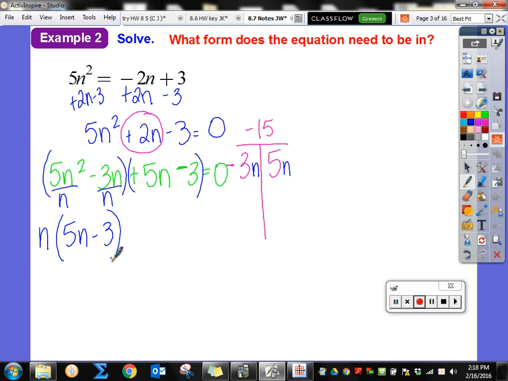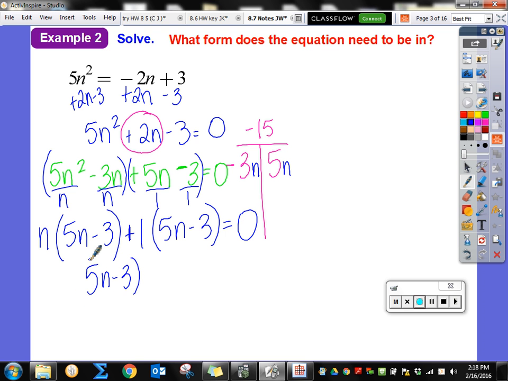And this is the only place that you can take out a positive 1. So I'm going to take out a plus 1. And then, of course, if you divide both of those by 1, you are left with 5n minus 3. I'm going to keep bringing down that kind of annoying equal 0, but I need it there to know to solve at the end. These match, so there's your check. So your factors are 5n minus 3 and n plus 1.